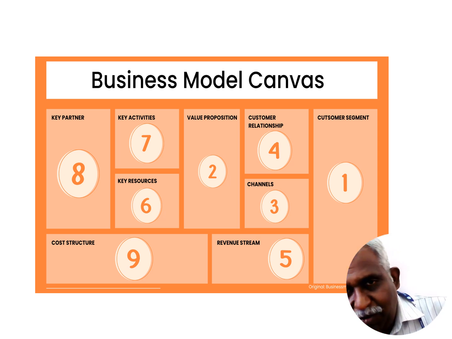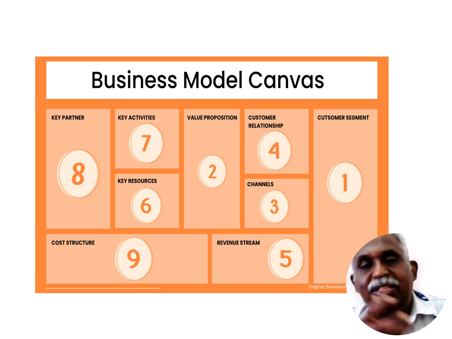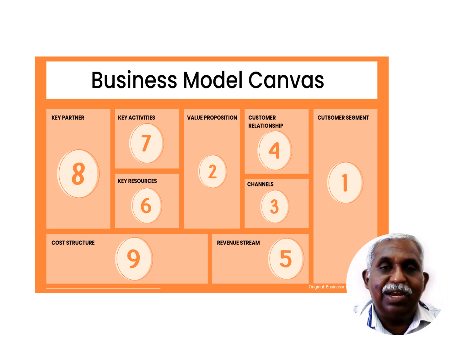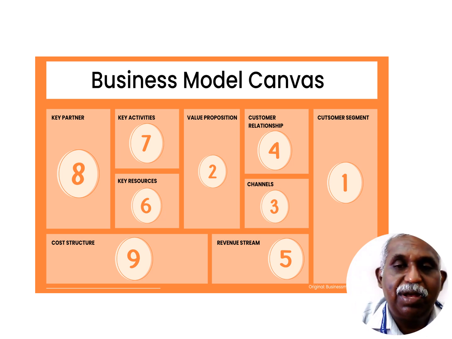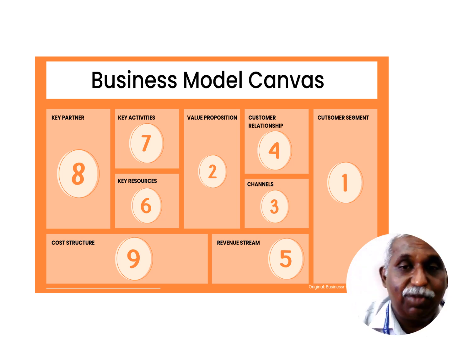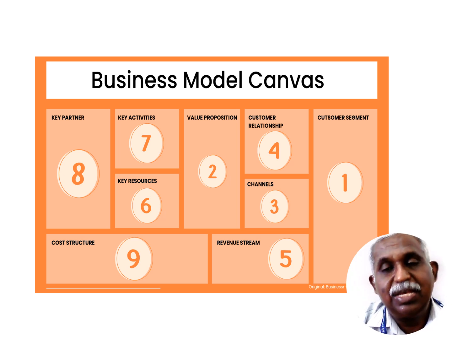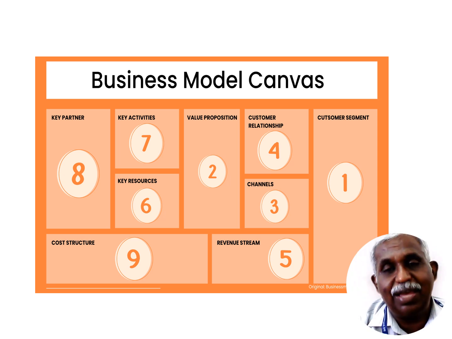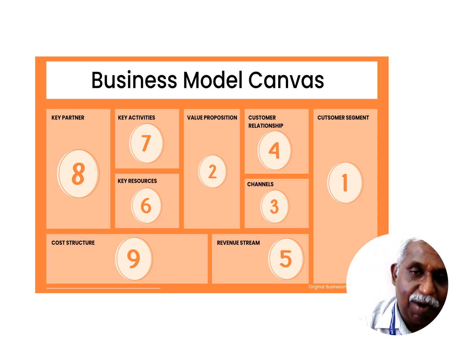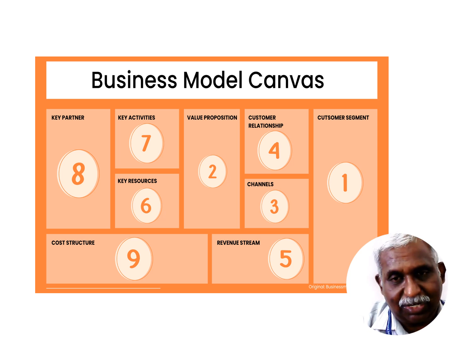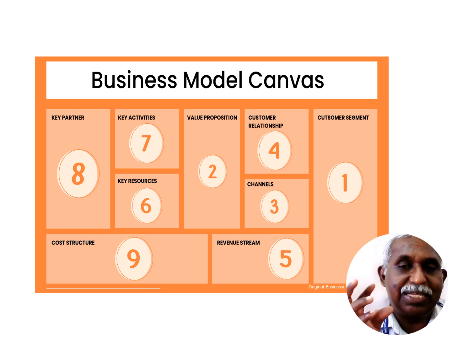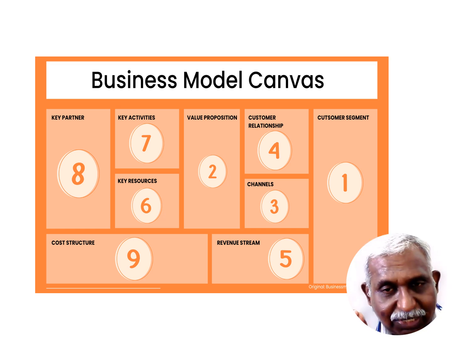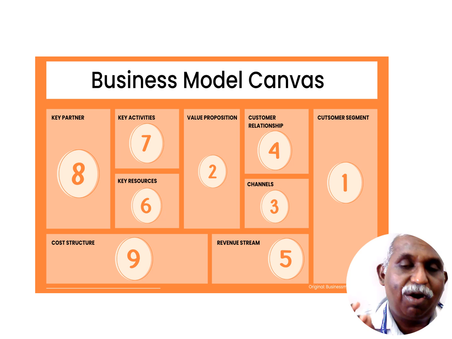So starting from customer segment, ending with cost structure, please understand the variety of customer relationships, different channels with suitable value proposition, then the major key resources and key activities, and the key players we call key partners. We end with the cost structure. Cost structure plays a major role in sustainability over a longer duration.